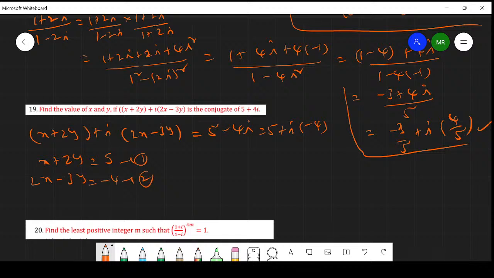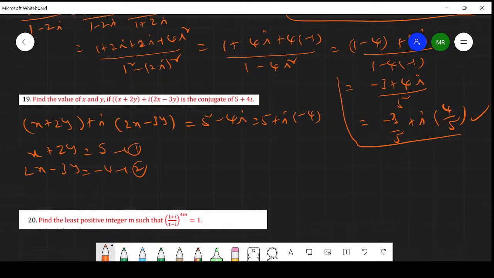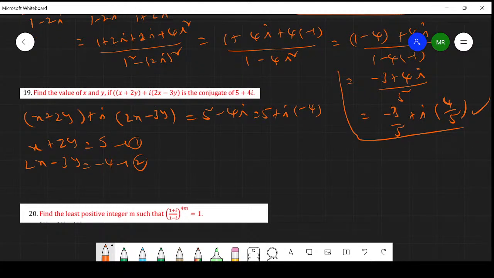Solve these two equations and we get x and y. Simultaneous equations: eliminate one of the variables and you can find this. The easy method: from equation 1, x value is 5 minus 2y.